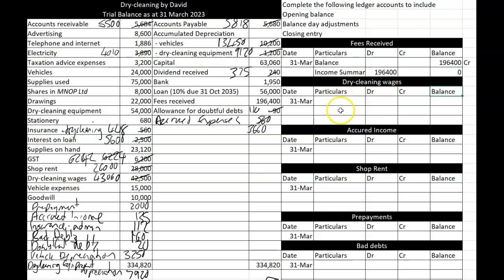Dry cleaning wages is a bit more complicated. Put the balance in first, and that starts off with 42,500. You can see this figure here, and it's on the debit side. Then what you did is you added something. For dry cleaning wages, we added 560, and that was an accrued expense.